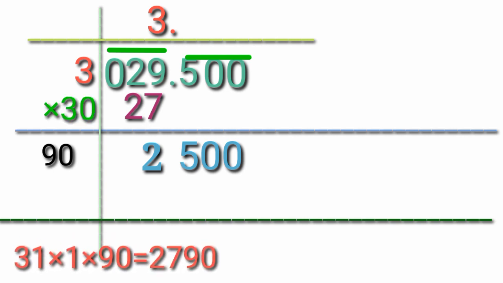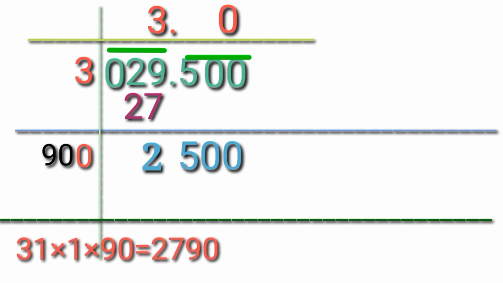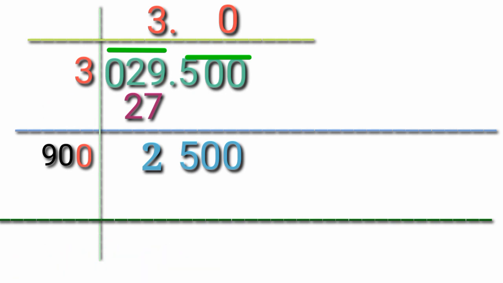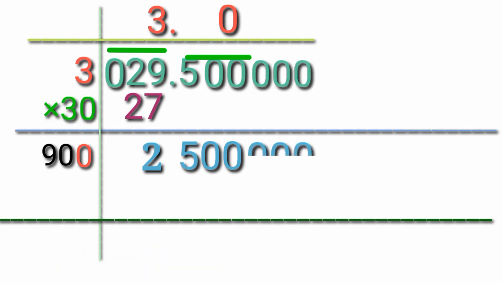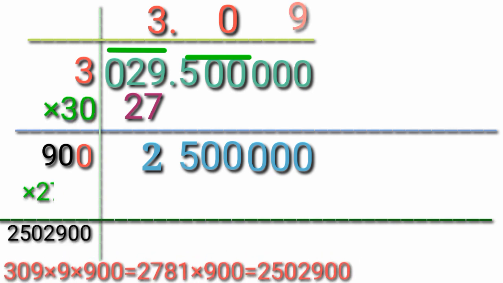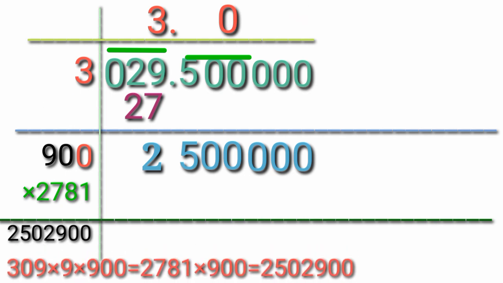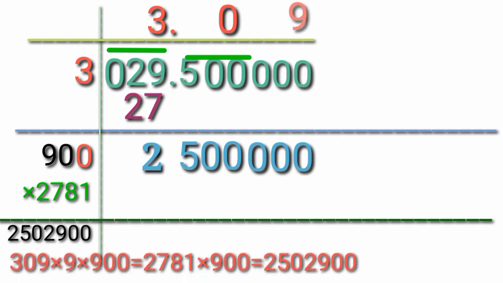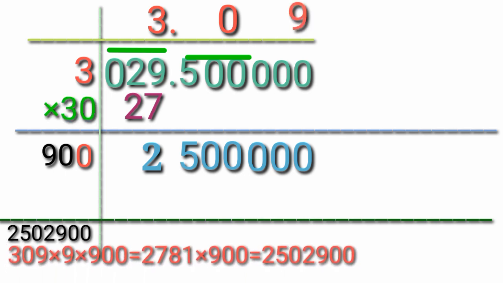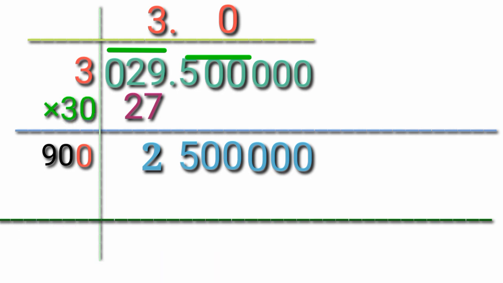So the next number is less than 1, that is 0, right from top and left. Carry down the next pair, 000. In the quotient place, if we take 9, then this quantity is also greater than what we want. So next, 8 is the accurate number.